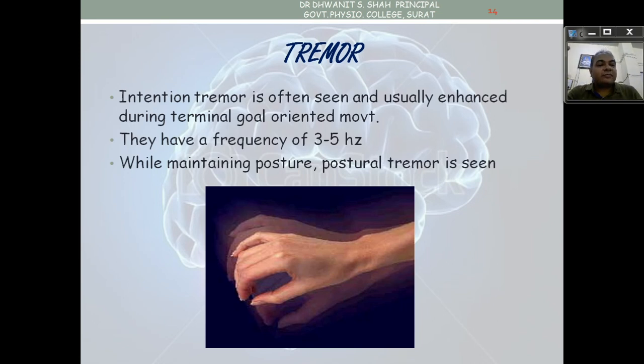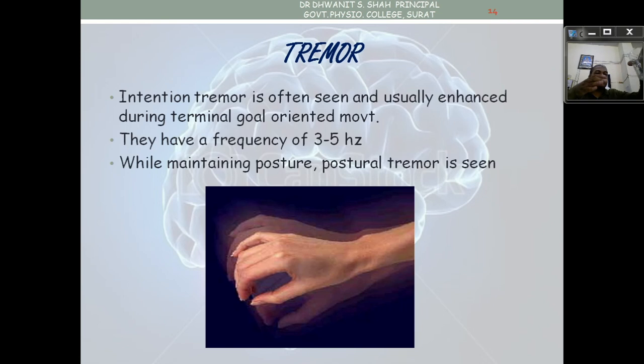But in cerebellar patients you have the intentional tremor. At rest there is no tremor, but when the patient starts any movement of the upper or lower limb, the tremor immediately starts. It is usually enhanced during terminal goal-oriented movements. When I am reaching for the glass, that is my terminal goal.